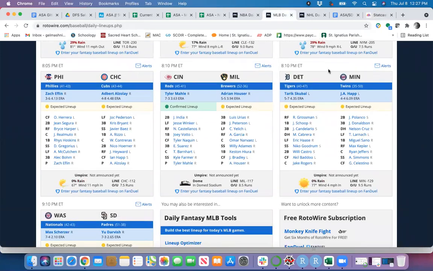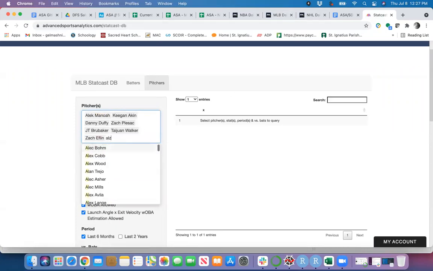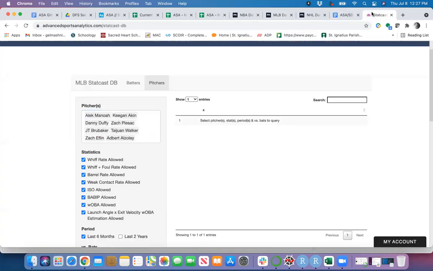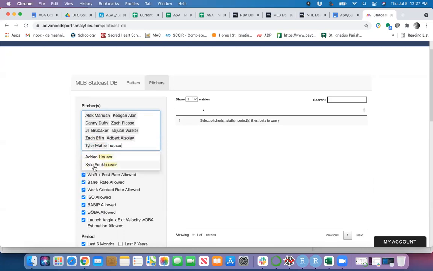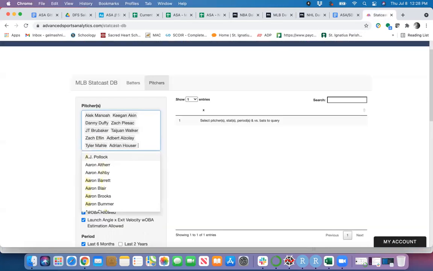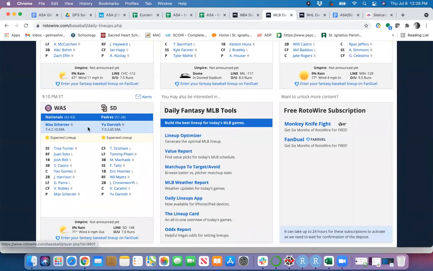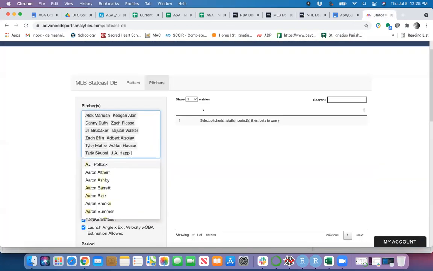Then we got Eflin, Alzolay, Hauser, Skubal and Happ, and then looks like we got two of the best pitchers going at it, Scherzer and Darvish.